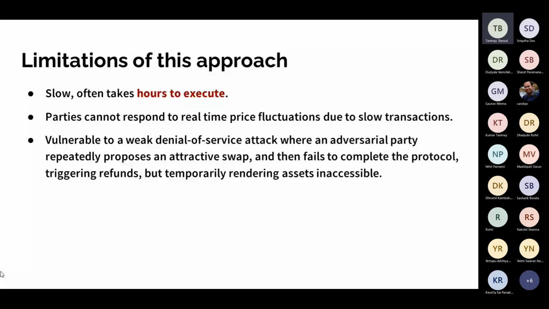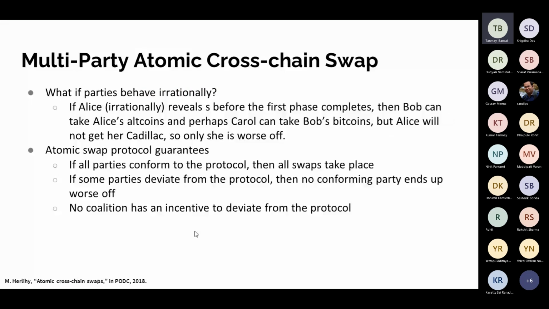It is going to keep Alice's 1 Bitcoin locked for some time till the timeout occurs. These situations can always occur, but otherwise it is an interesting protocol that can be used for doing these atomic cross-chain swaps.